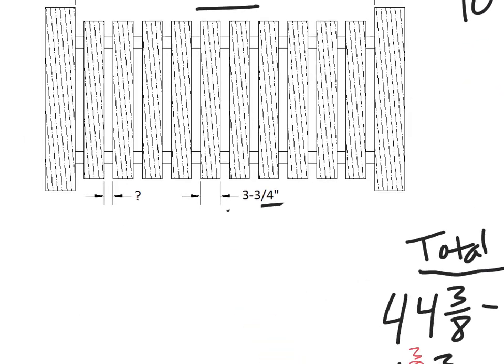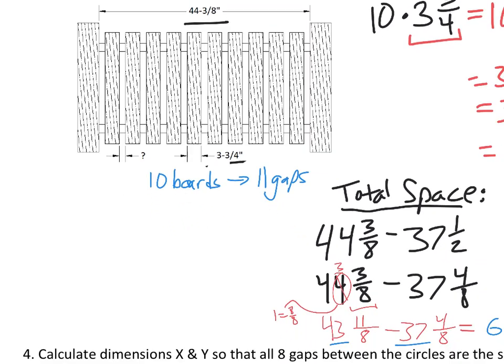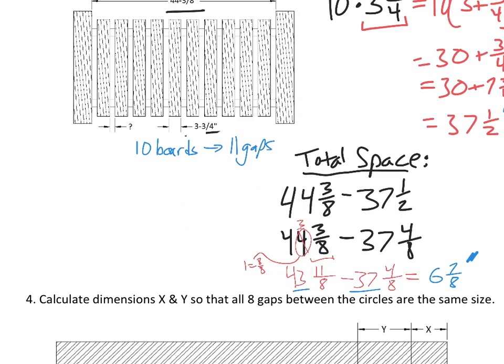Now, remember we had 10 boards, but how many spaces, or gaps, do we have? 1, 2, 3, 4, 5, 6, 7, 8, 9, 10, 11. So we have 11 gaps. Notice we have one more gap than we had boards. We're doing a lot with the fractions here, and it's good practice.